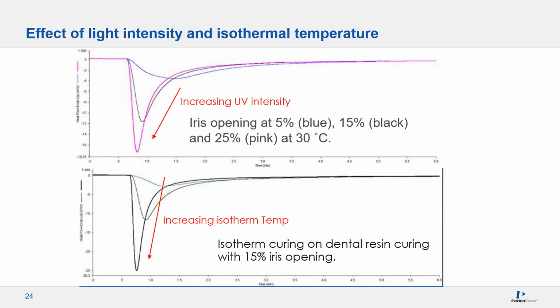The top graph shows the peak time is shortened and the shape changes as you increase the UV intensity. The bottom one is where you vary the isothermal temperatures, seeing similar effects on the curing profile. With all this information, one can easily and quickly optimize the processing conditions.